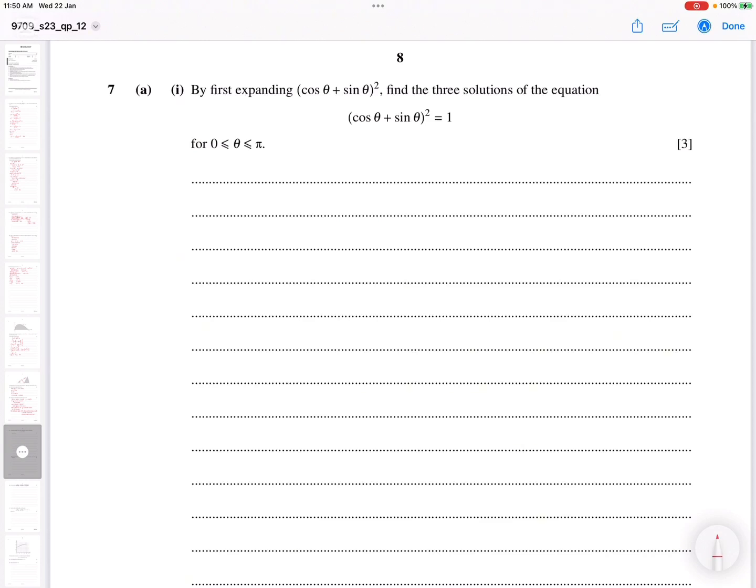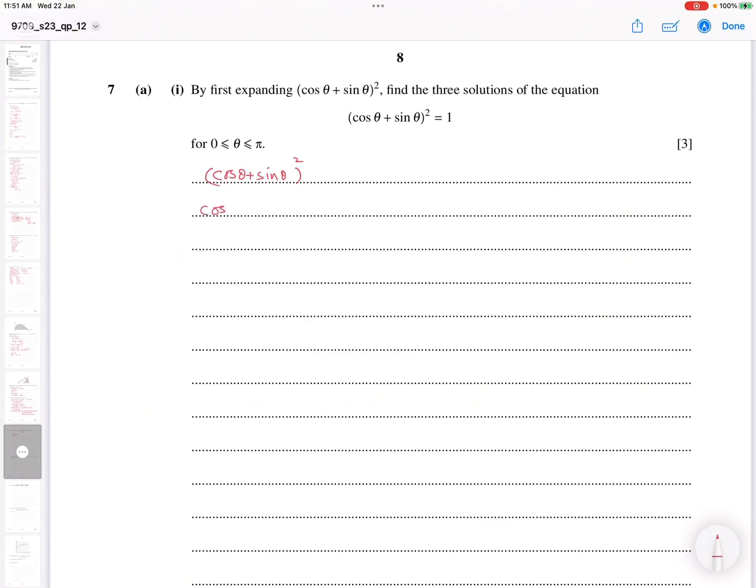So cos theta plus sine theta whole square, you open it with the help of the identity a plus b whole square.